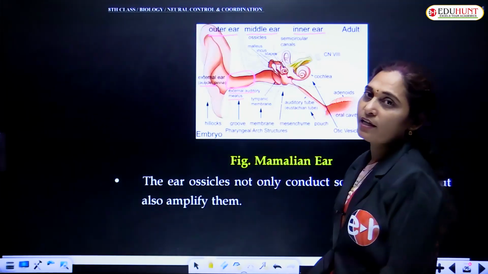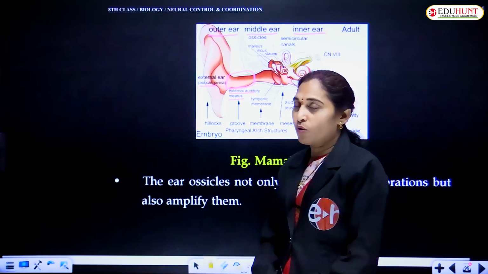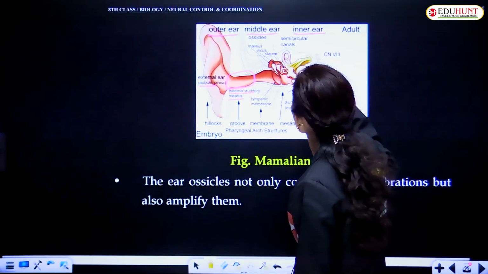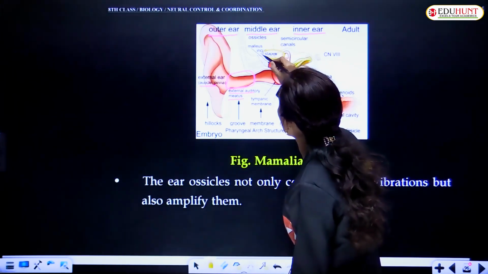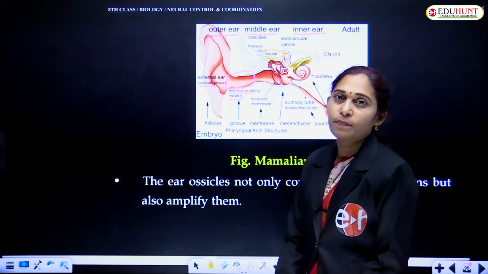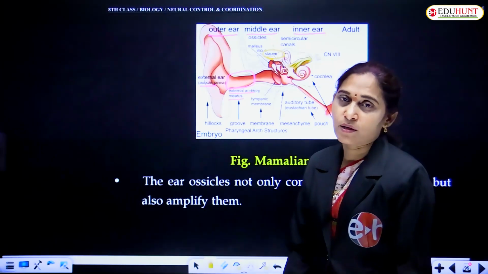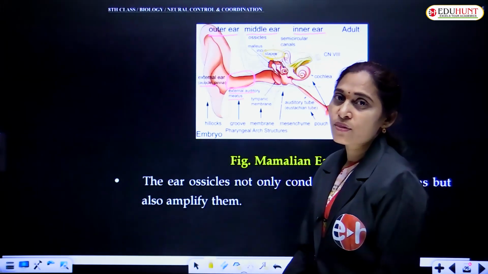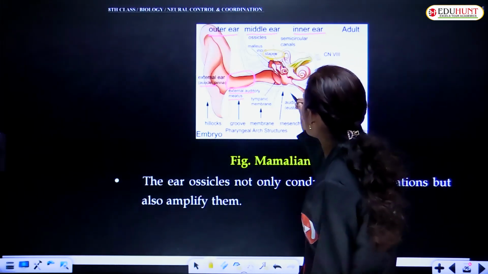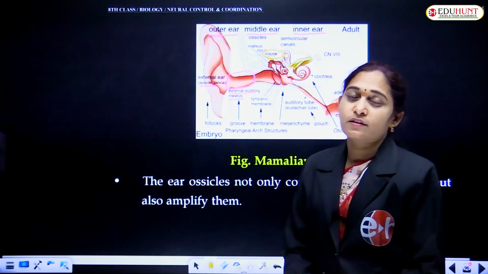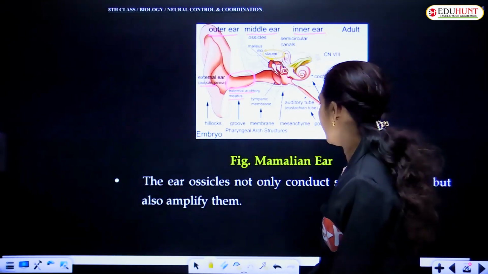The smallest bone is the stapes. The longest bone is the femur. The smallest bone is the stapes, present in the middle ear.